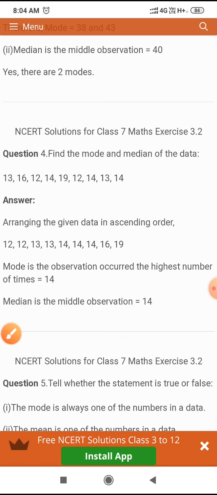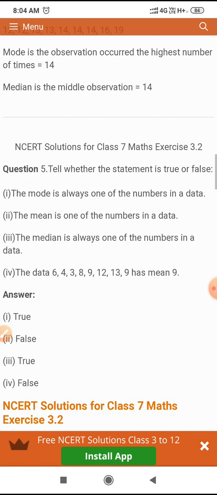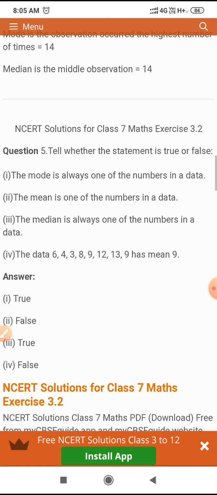Now move to our last question, and the last question is: tell whether the statements are true or false. The first statement is: the mode is always one of the numbers in our data. So it is true. The second part is: the mean is one of the numbers of the data. It is false because the mean may or may not be one of the numbers in our data.